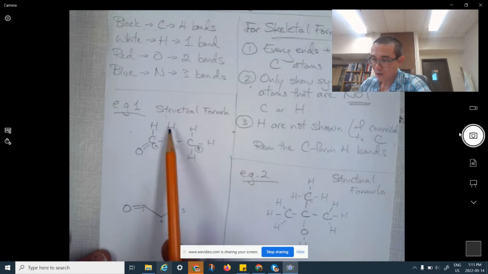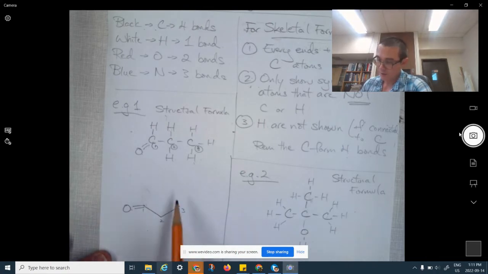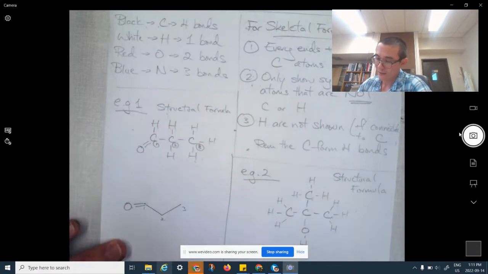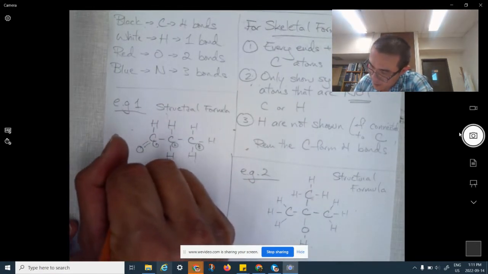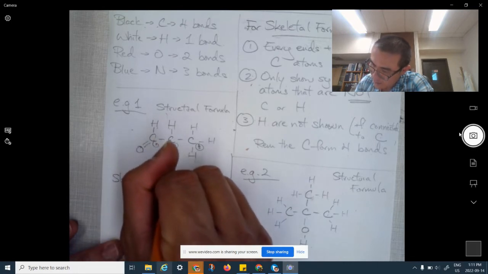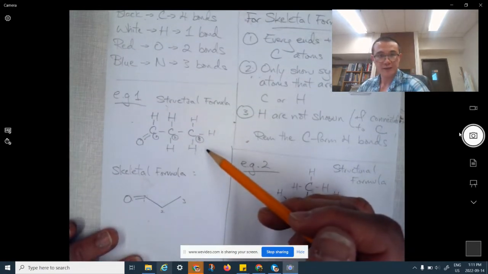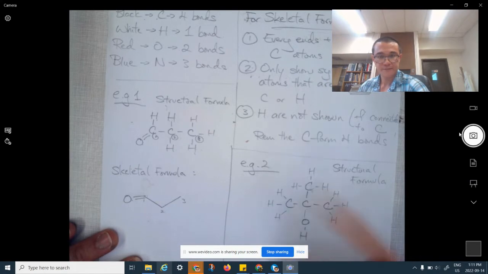So in this case, all these hydrogens are connected to carbon, so you're not going to draw any of those hydrogens here. So this will be the skeletal formula of example number 1. Okay, so the structural formula will look like this, and the skeletal formula like this.